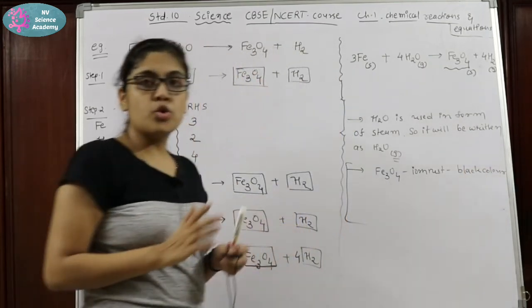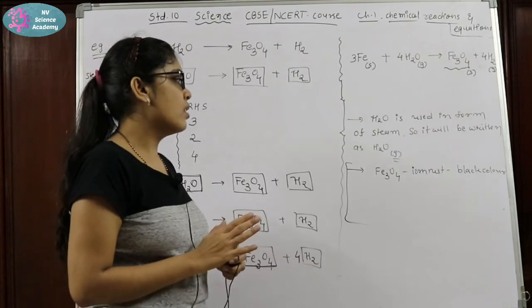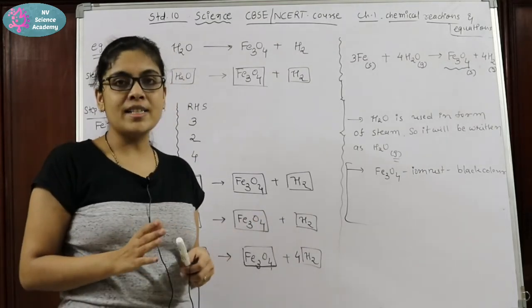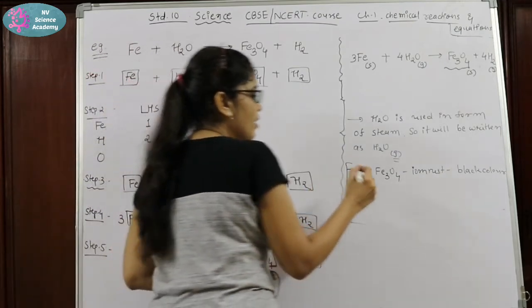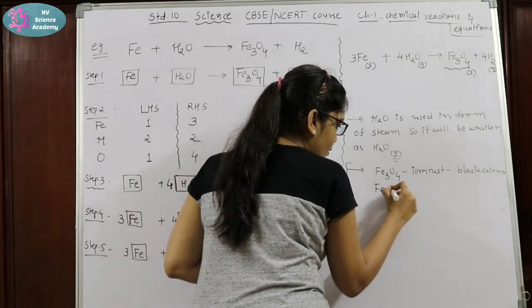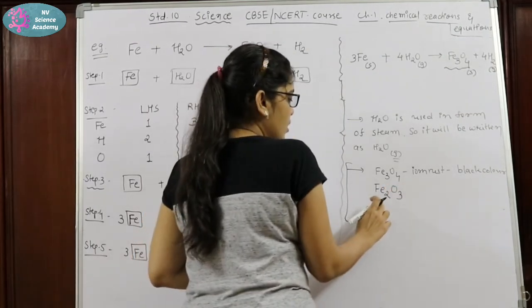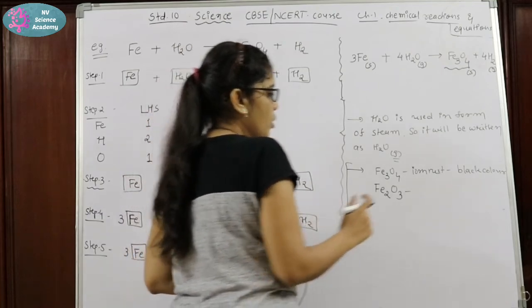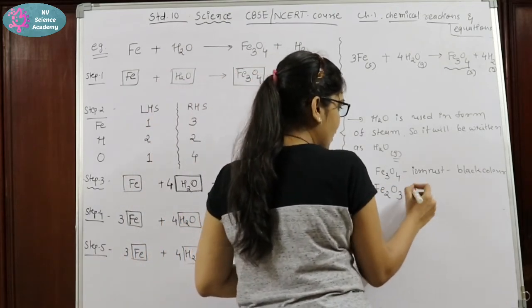The rust you usually see in humid conditions on the surface of iron is red in color, and it has the chemical formula Fe2O3. This is the rust we usually see in humid conditions on an iron surface.